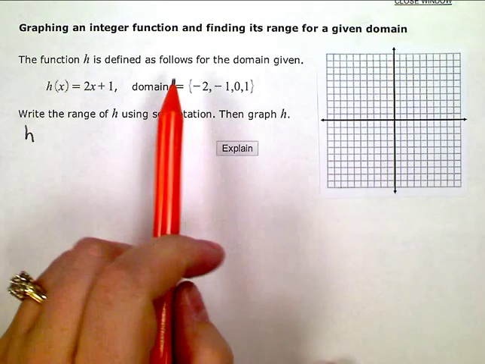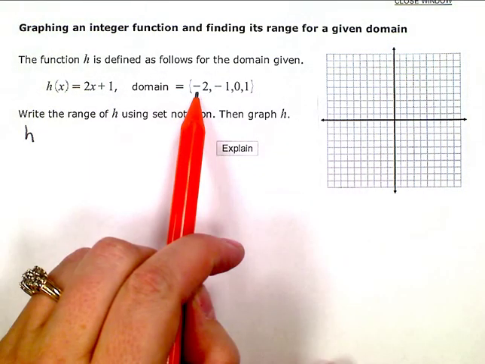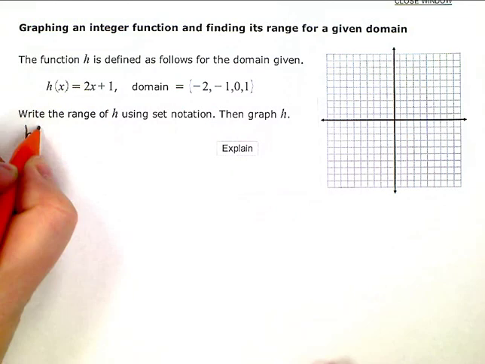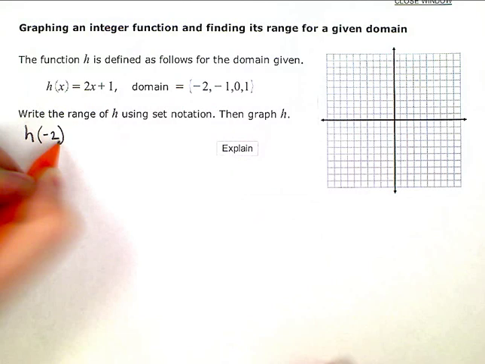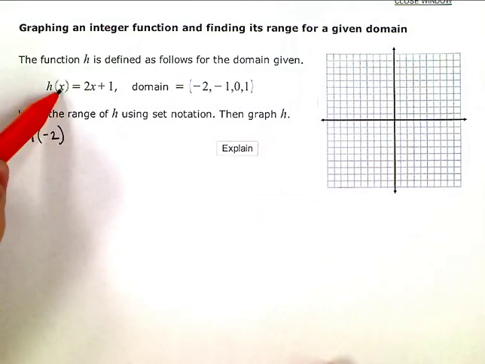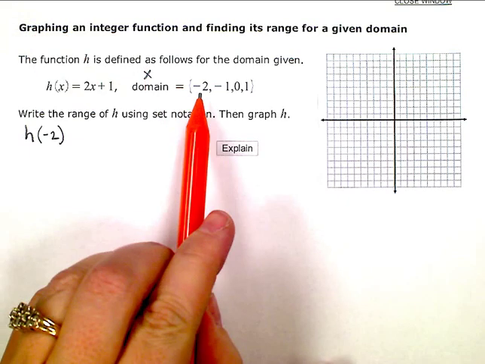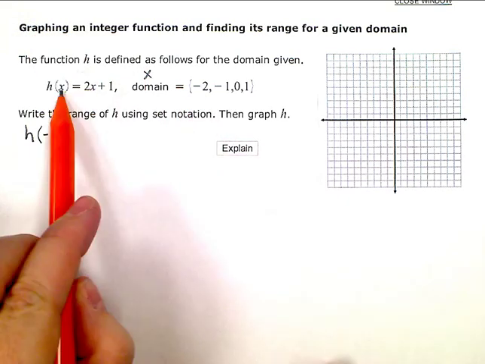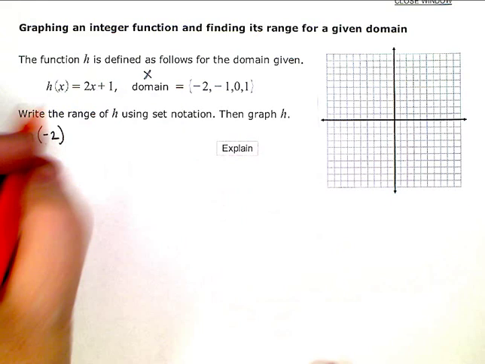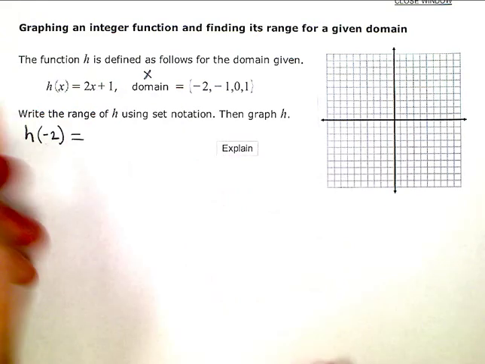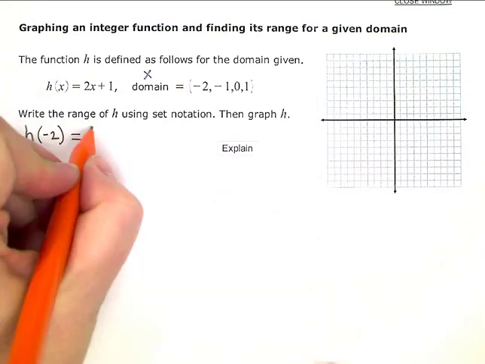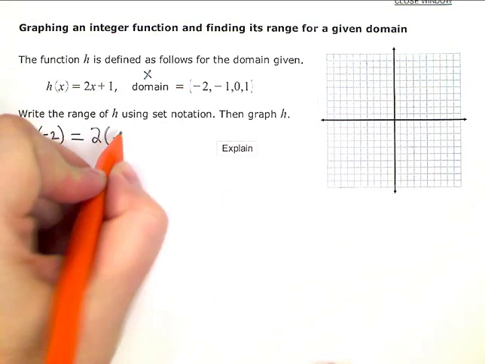if -2 is going to be the input, I want to evaluate the function h for -2. Instead of the x, because the domain are the x values, I'm going to substitute in -2 into the function. So in the equation here, everywhere I have an x, I substitute in -2.